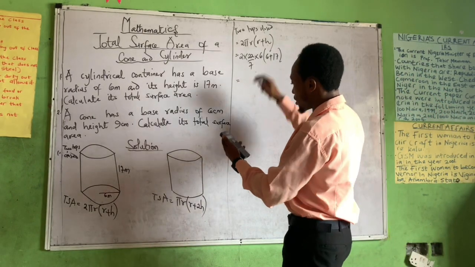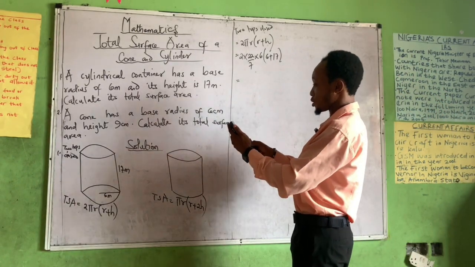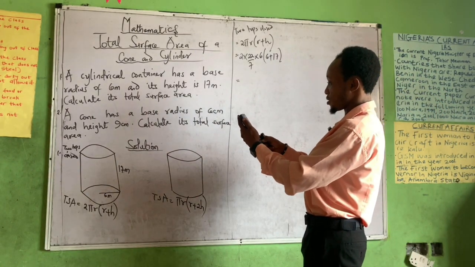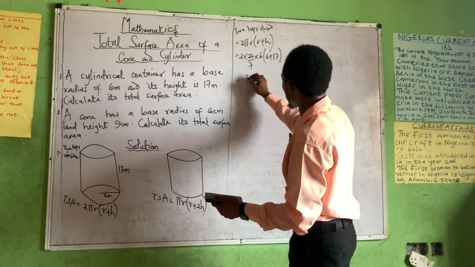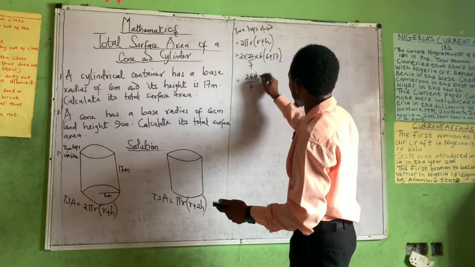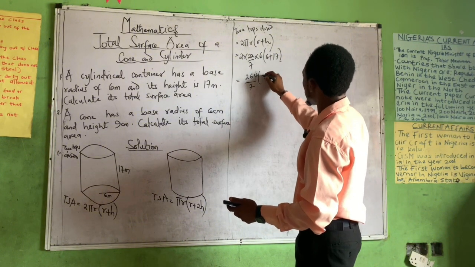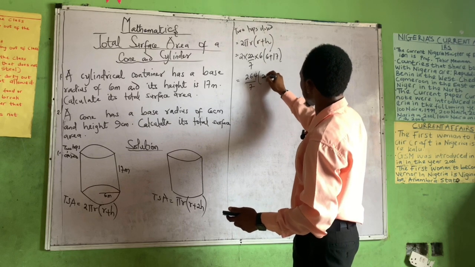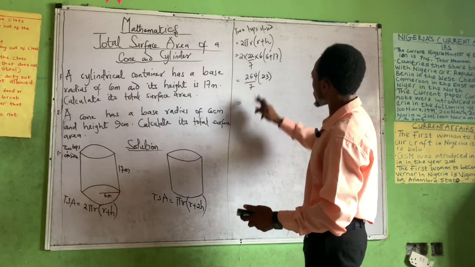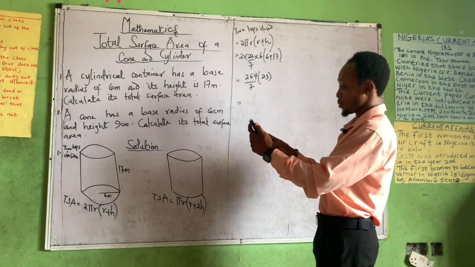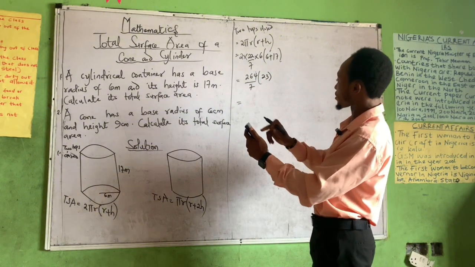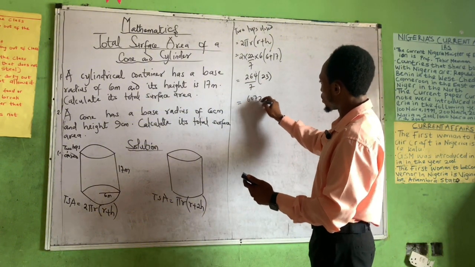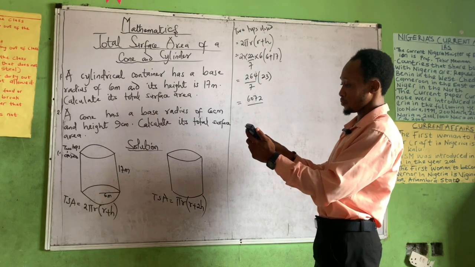So when you multiply this together, we have 2 times 22 times 6, that will be 264/7. Then here you have 23. So multiply everything here, 264 times 23. We have 6072 divided by 7.